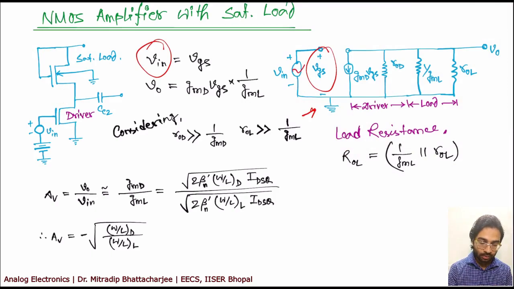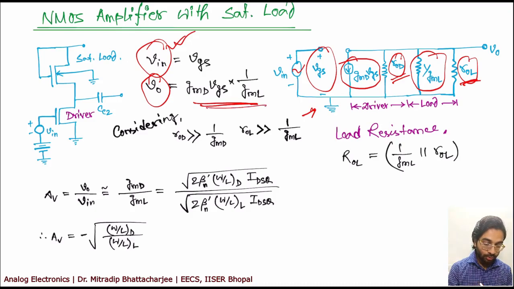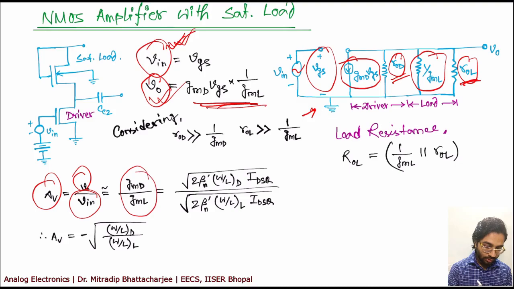What will be your VO? Your VO will be this current into this resistance, considering ROD and ROL are very, very high. Now you have output voltage equal to this. Now you have input voltage, you have output voltage, so your gain will be output voltage by input voltage. So a simple calculation will give you this value.